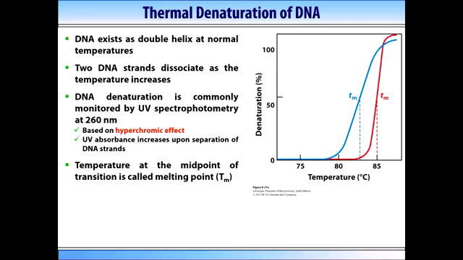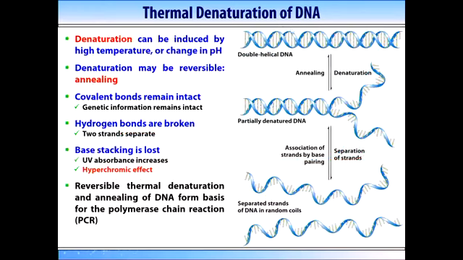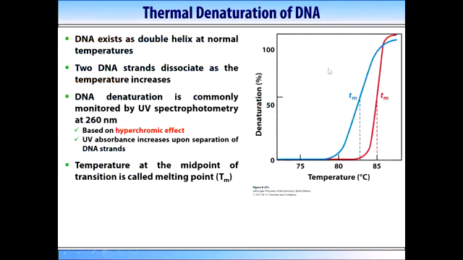When you have each nucleotide floating free in solution, and you have, let's say, 1 million of them, that would be very high absorbance. It would be much higher than if you had all the same nucleotides lined up nicely in the double-stranded DNA helix. They will not absorb anywhere close to the individual ones. So the hyperchromic effect is the increase of the absorbance upon melting of the DNA.